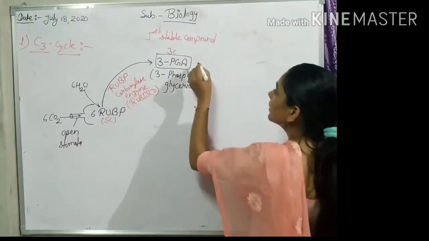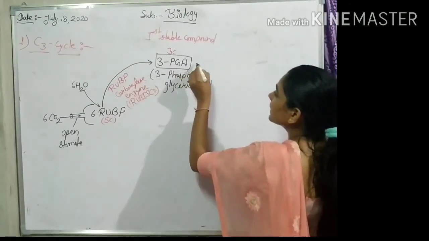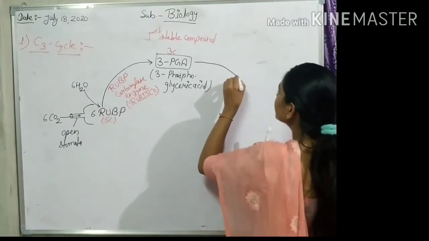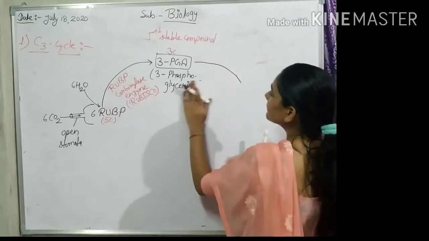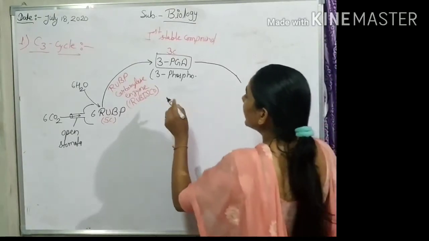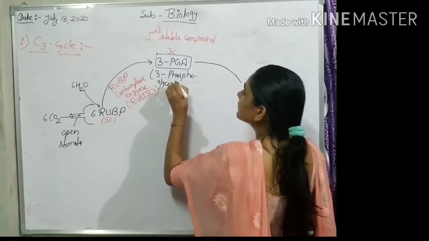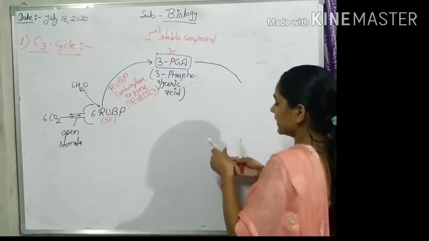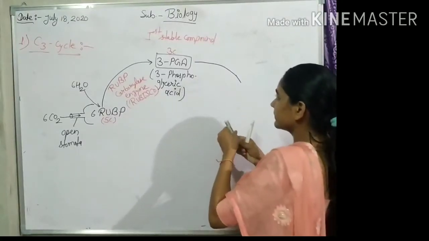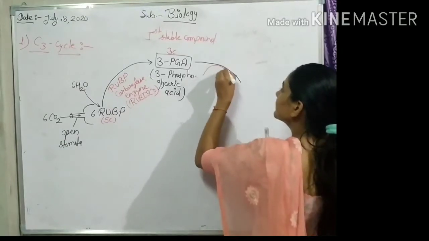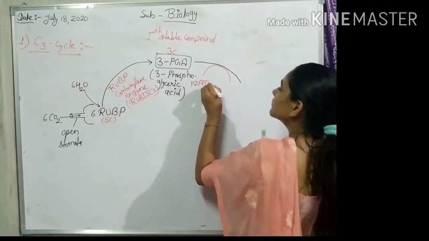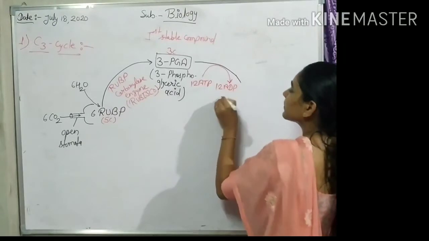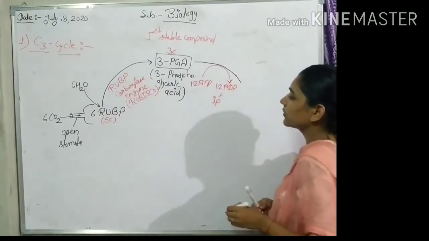Further, 3-PGA, using 12 ATP molecules of light reaction, gives ADP plus inorganic phosphate.